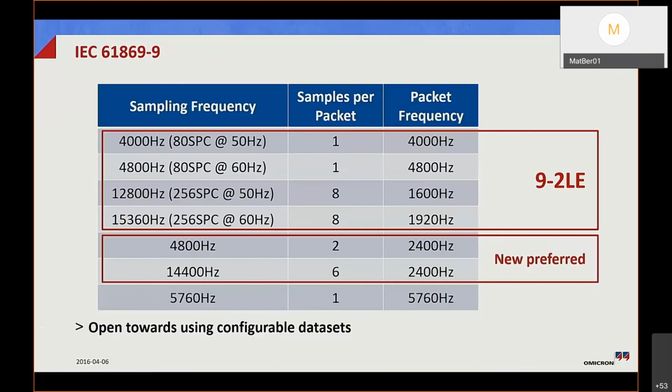You see here, we went away from this samples per cycle or samples per period concept that gives different sampling rates depending on the network frequency. We have now fixed frequencies for the sampling, and the samples per packet were aligned in a way that both of these variants, for protection and for power quality, have the same packet frequency on the communication network. This is quite a nice approach.